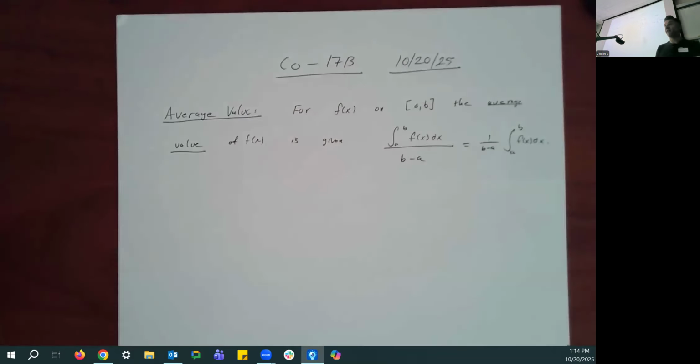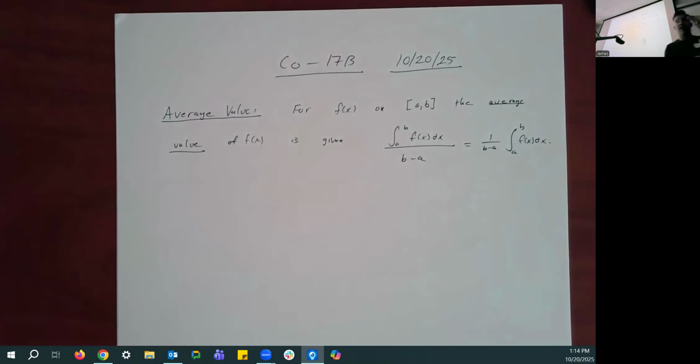So if you can find a definite integral, finding the average value is super duper easy. You just divide by however long the interval was.